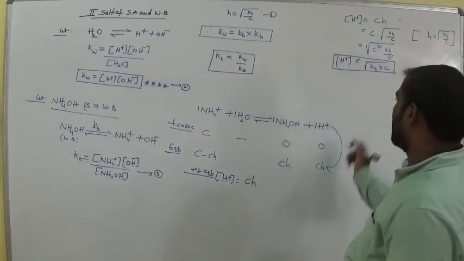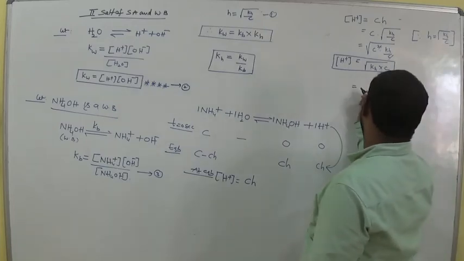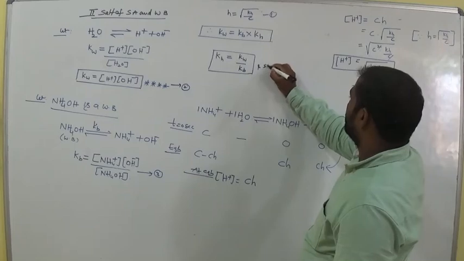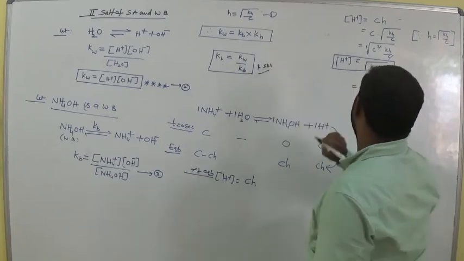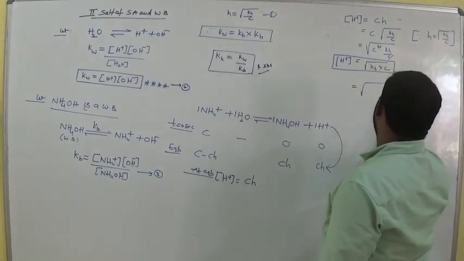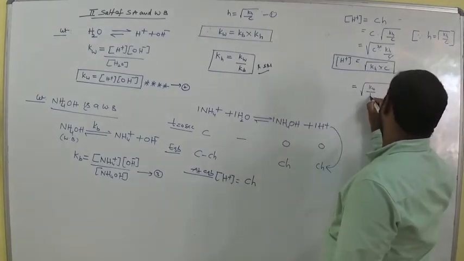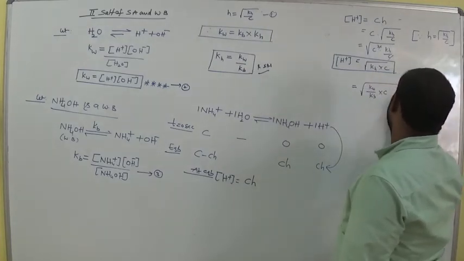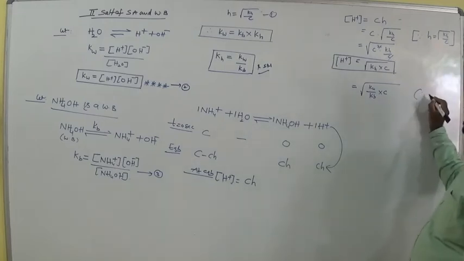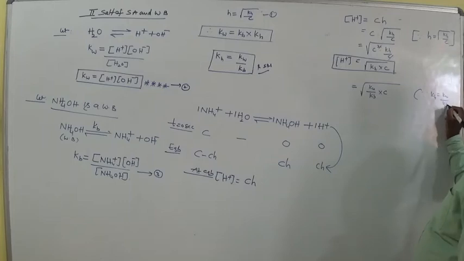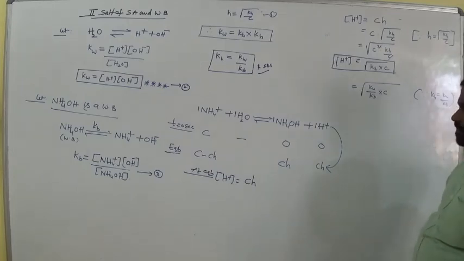KW by KB. What is KH here? KW by KB into C. Since KH equals KW by KB. Clear up to here?